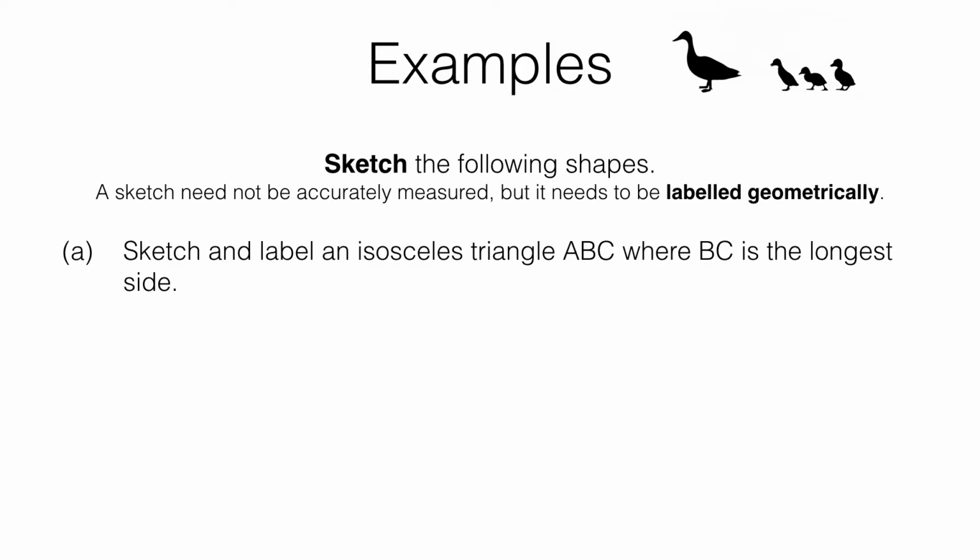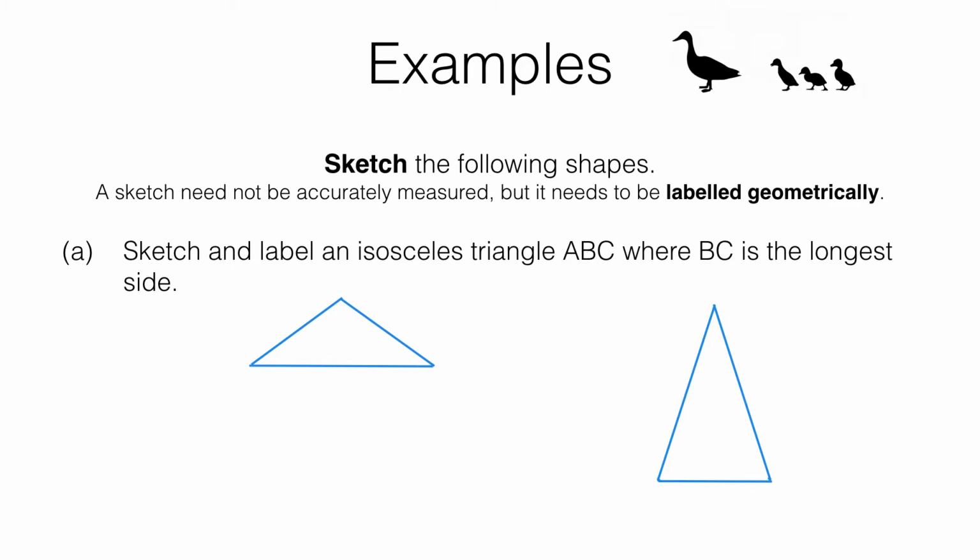For this, we need to realise that there are two types of isosceles triangle. You can have an isosceles triangle with one long side and two short sides. Or you can have an isosceles triangle with one short side and two long sides. So looking back at the question, what we want is an isosceles triangle with a longest side.